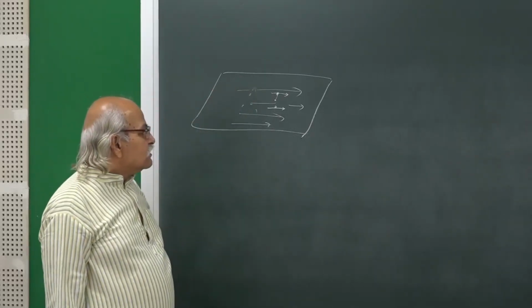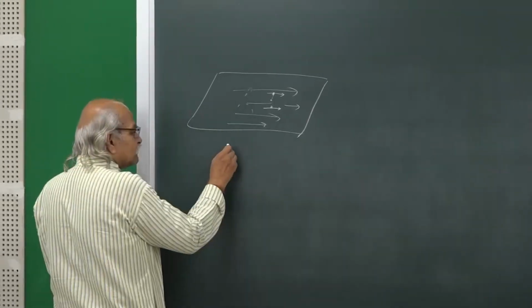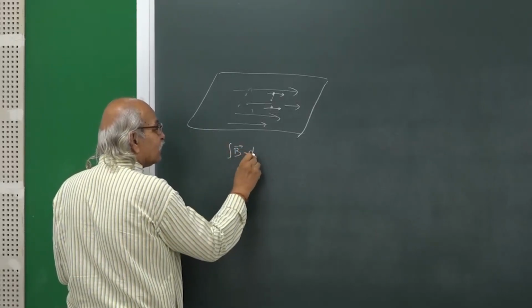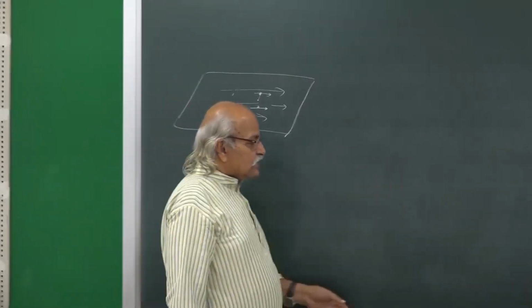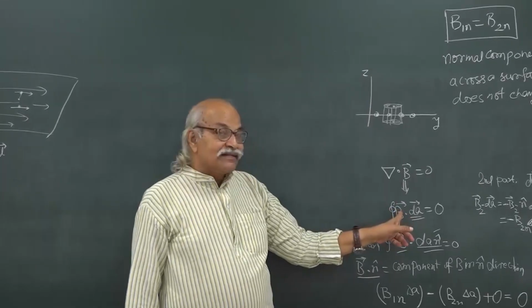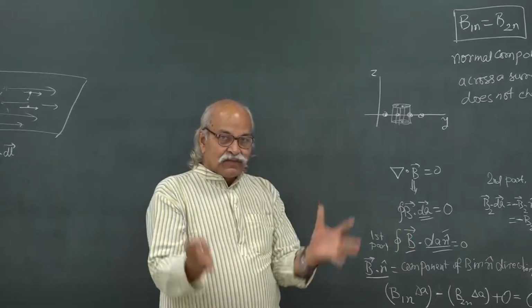Now, for that we will be using Ampere's law, that is the integral of B dot dl on a closed curve. Remember all these things. The equation we wrote earlier is the flux of magnetic field, B dot dA, on a closed surface.